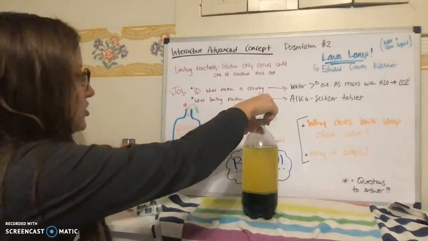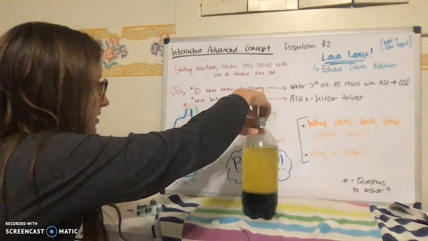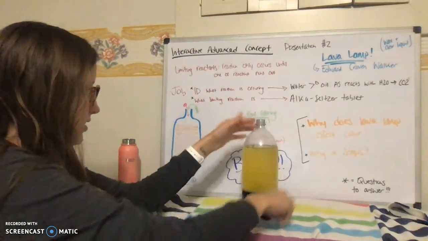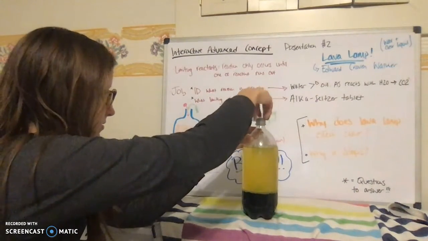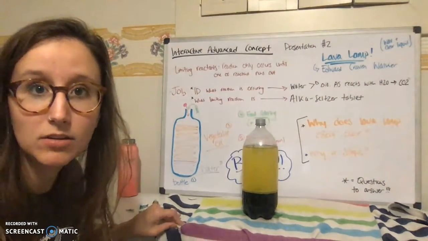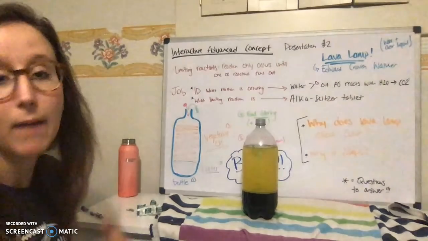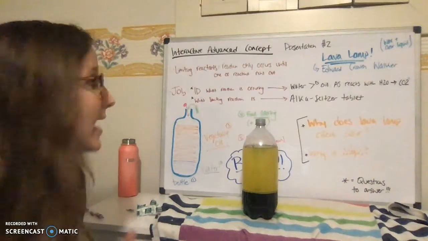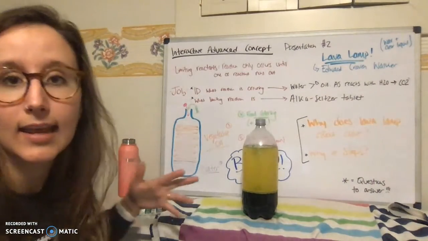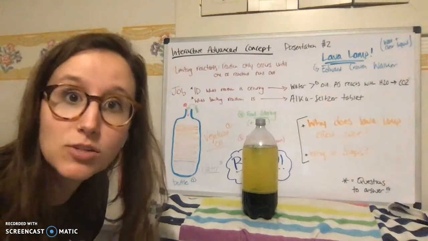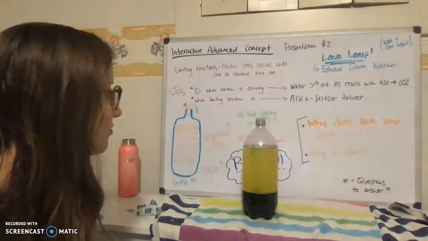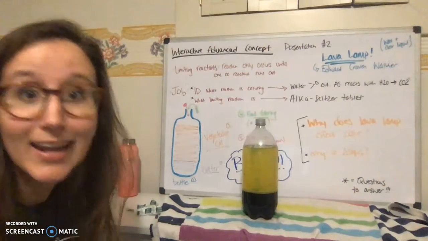I'm going to add one more so we can see it more evidently, but it's starting to go. We added the Alka-Seltzer tablet, and that, in my opinion, is the limiting reactant in this experiment, because before we added it, nothing really happened. We knew that our water was more dense, so it was on the bottom, oil on top, but no bubbles were being created.